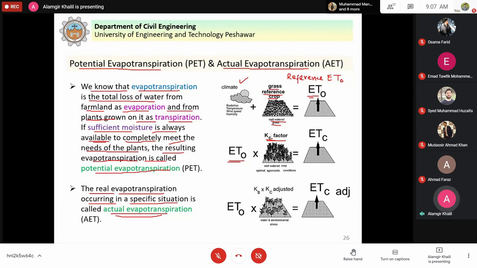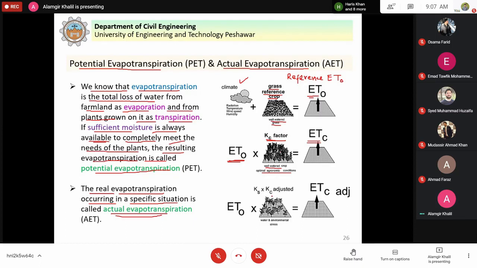So we multiply this reference evapotranspiration with the crop factor to get the crop evapotranspiration, so that it is reflected for that specific crop, well-watered crop, optimal agronomic conditions.